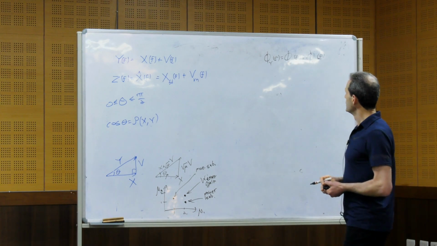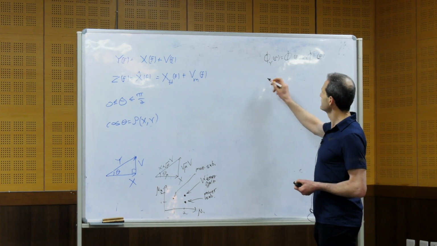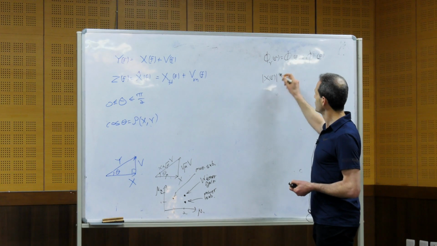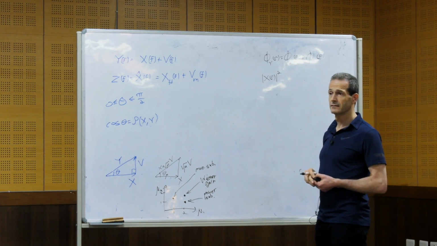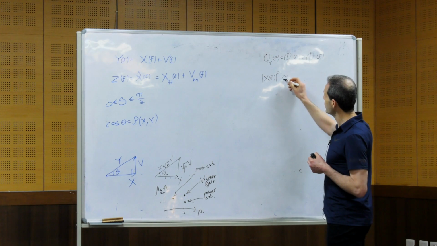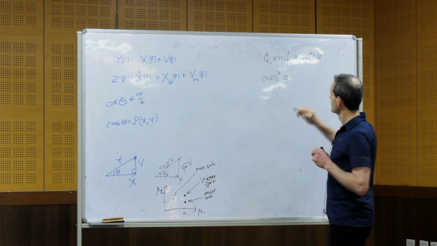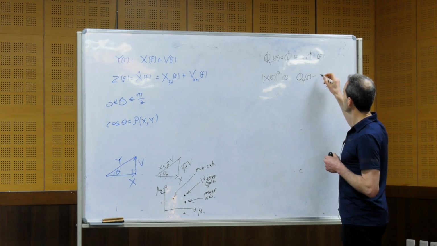Okay. So we can write it like this, that the magnitude squared of x, which is not the variance, we can say is approximately equal to phi_y minus phi_v.